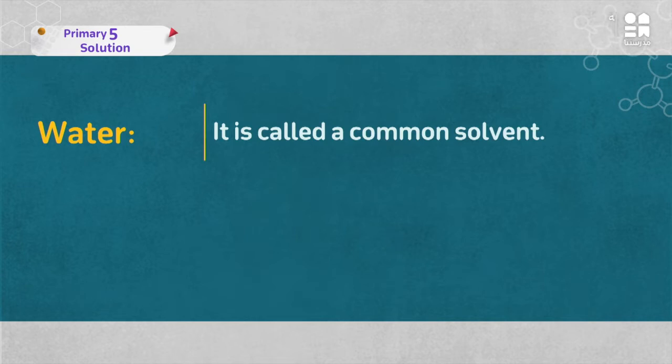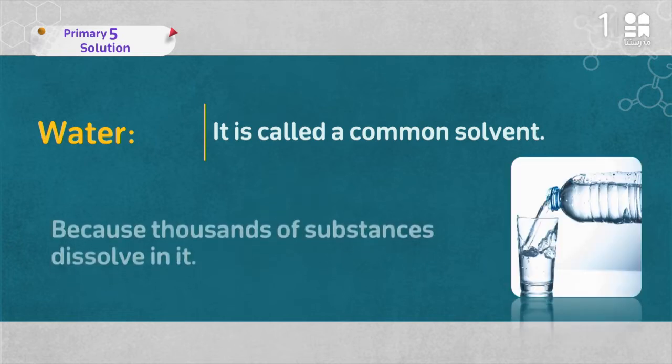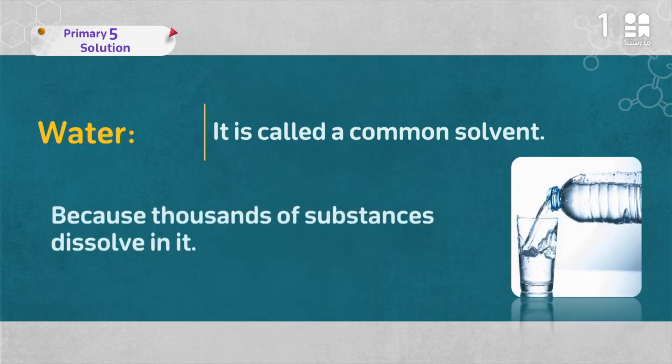The water it's called a common solvent. طب ليه بنقول على الwater common solvent؟ The water there are thousands of substances dissolve in it. كتير قوي من السبستانس بيحصل لهم dissolve in the water، فبالتالي بنقول على الwater a common solvent. يعني ايه common solvent؟ يعني solvent that we use much more than any other solvent. بنستخدمه أكتر من أي solvent تاني. يبقى تاني هنا water it's called a common solvent. Why? Because thousands of substances dissolve in it.